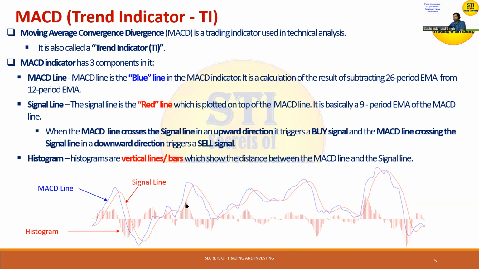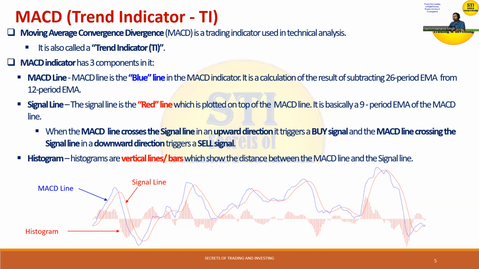If the difference is positive, it is on the upside of the horizontal line, and if the difference is negative, then it is on the downside. Again, the histogram is not very widely used.